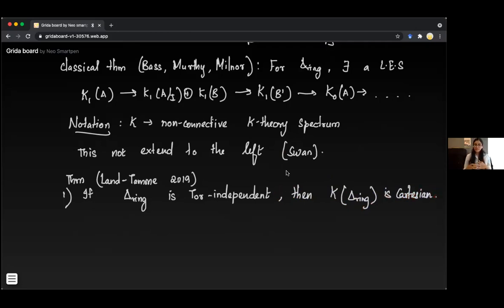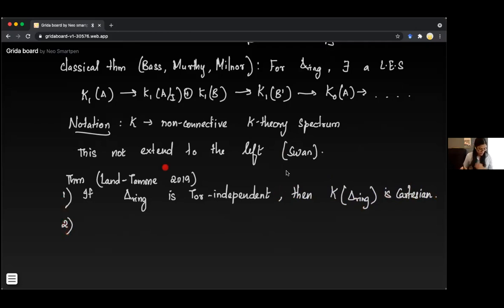So basically, you have a square of rings that is Cartesian, but if it is Tor independent, it would also be homotopy Cartesian. And in that case, you do have K-theory sending such a square to a Cartesian square.